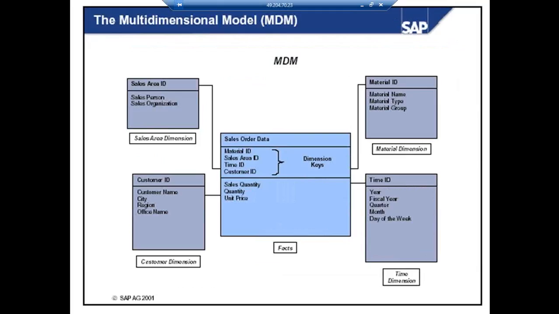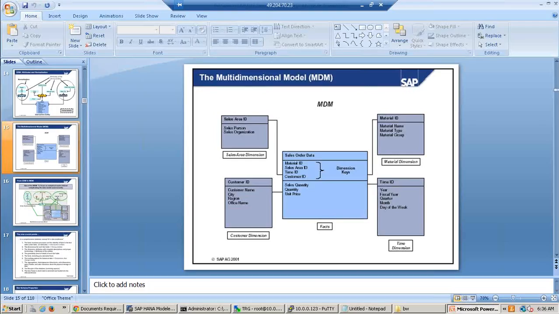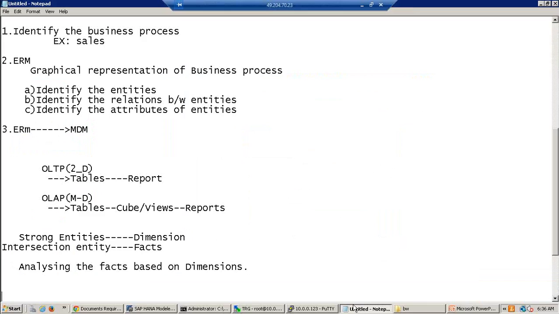Best example is in our Hana, we implement multi-dimensional models as it is, like as you are seeing it here. But some of the warehousing solutions, what they do is, they convert this ER model, the multi-dimensional model, to star schema.